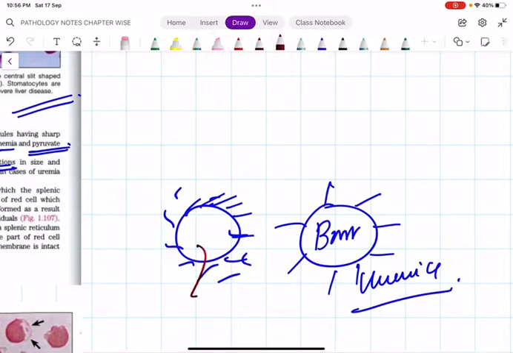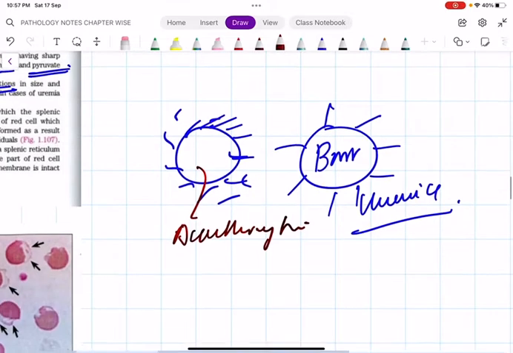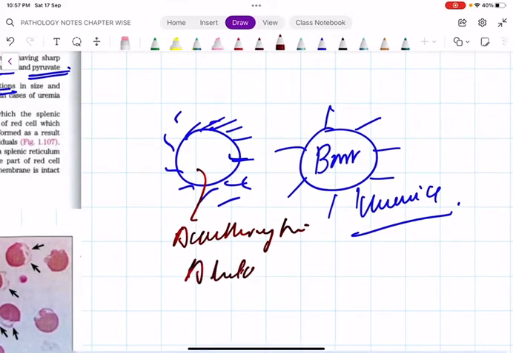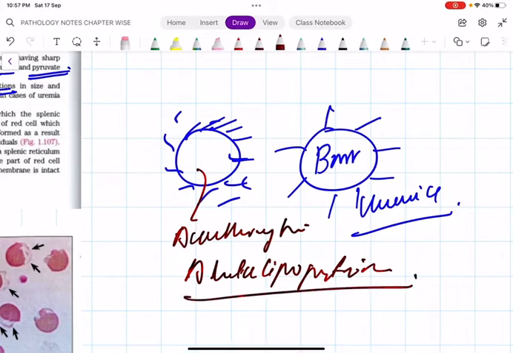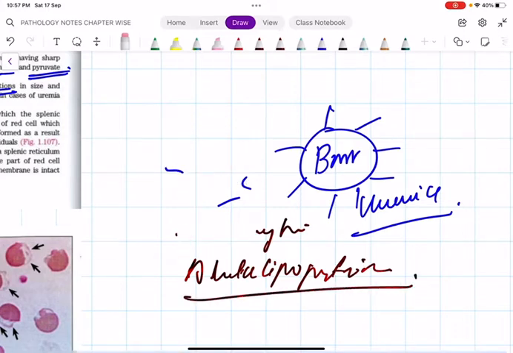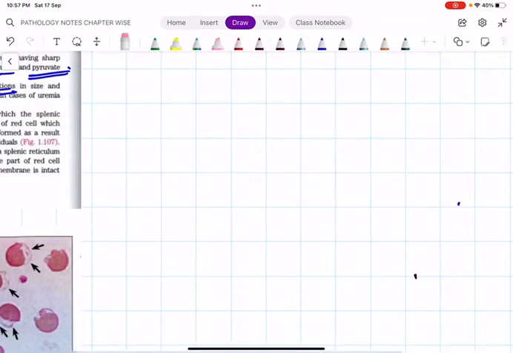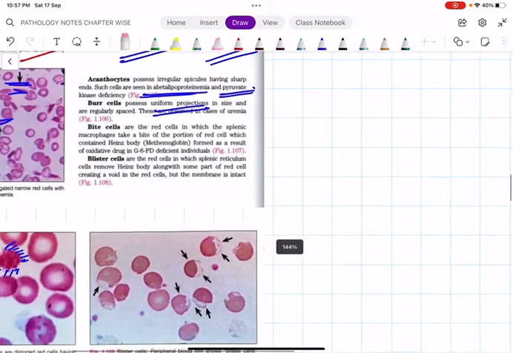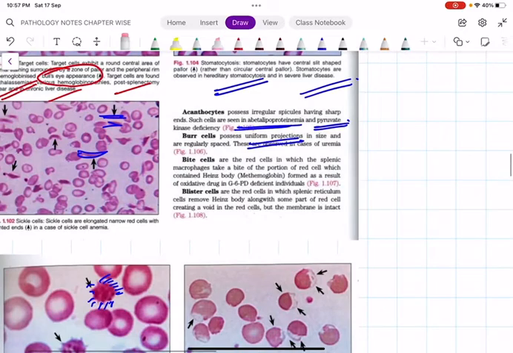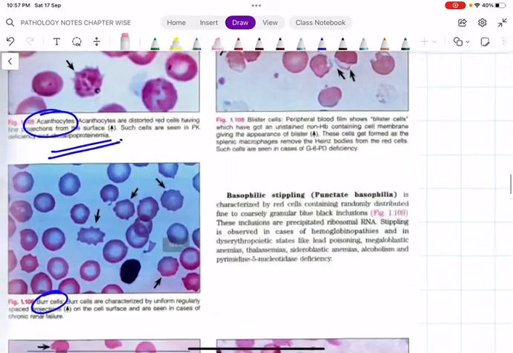Acanthocytes are seen in abetalipoproteinemia. I hope you understand these things. So Burr cells have equal projections, equally spaced. Then we have something called bite cells. As you can see, this is Burr cells.